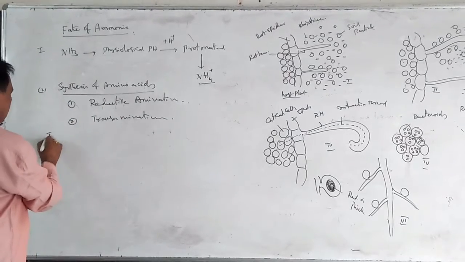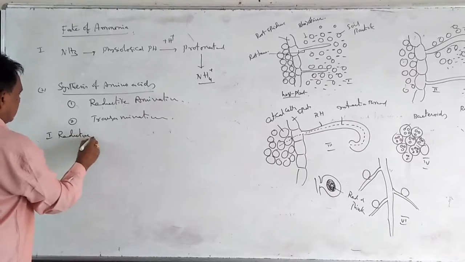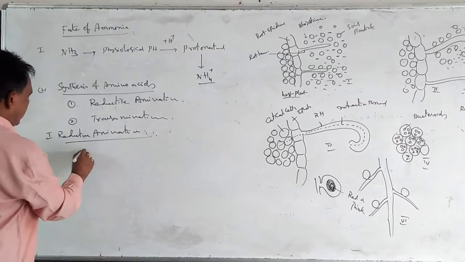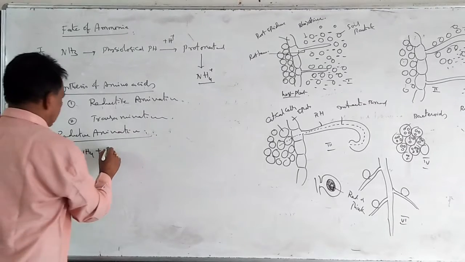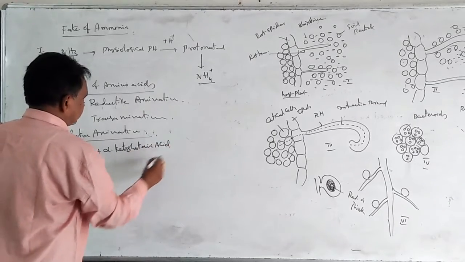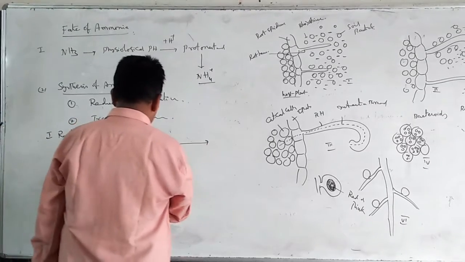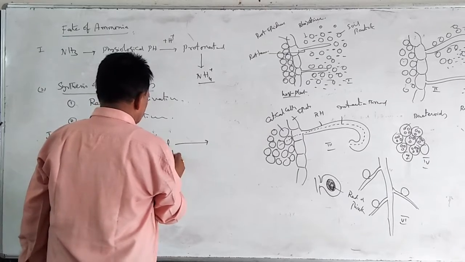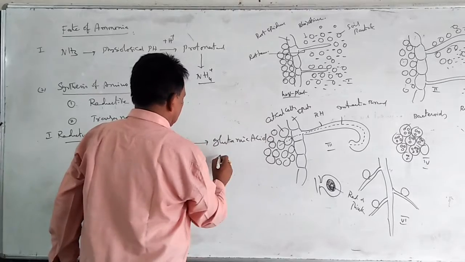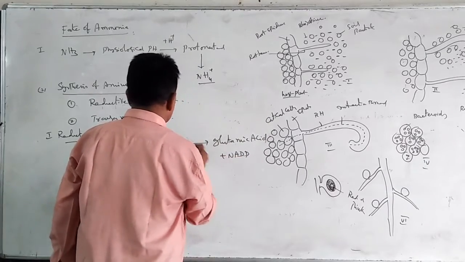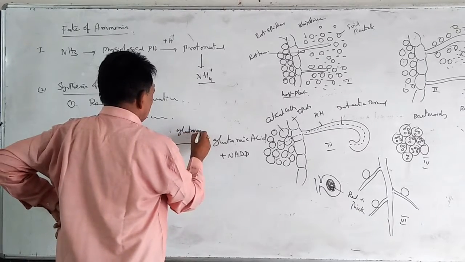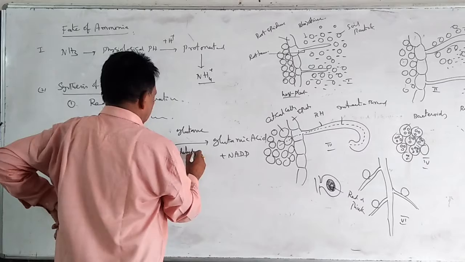In the first step, that is reductive amination, acid, and it gives rise to, in presence of NADPH, glutamic acid plus NADP in the presence of an enzyme called glutamic dehydrogenase.